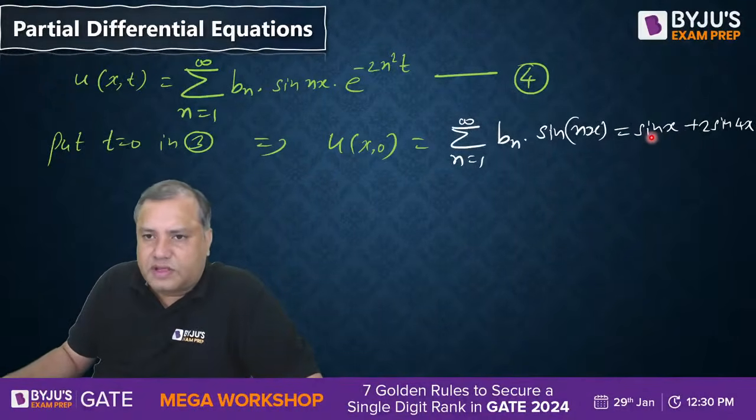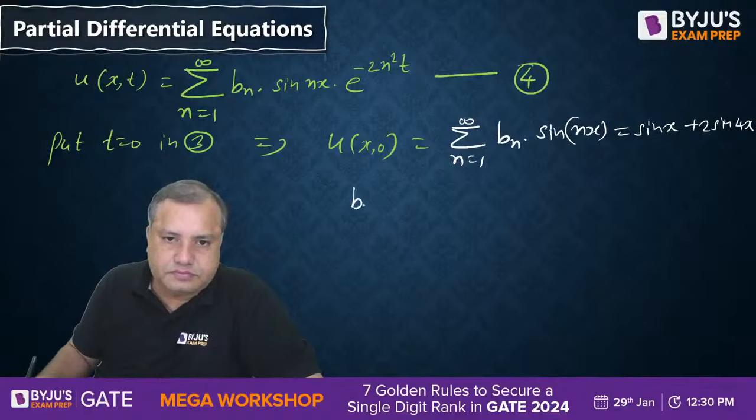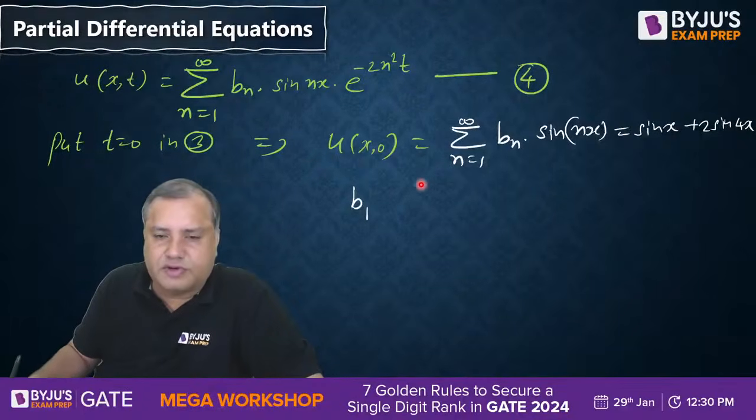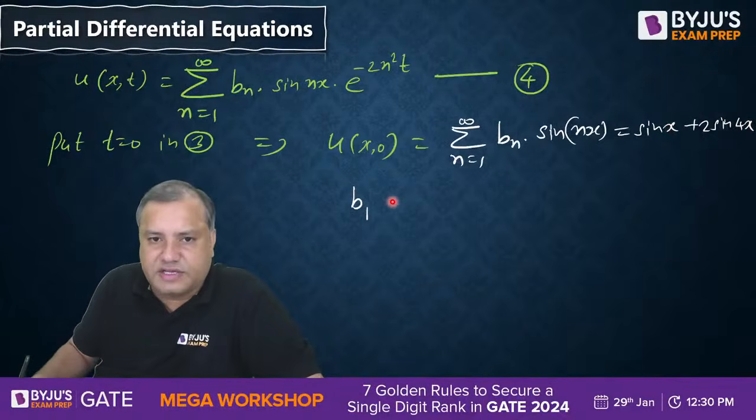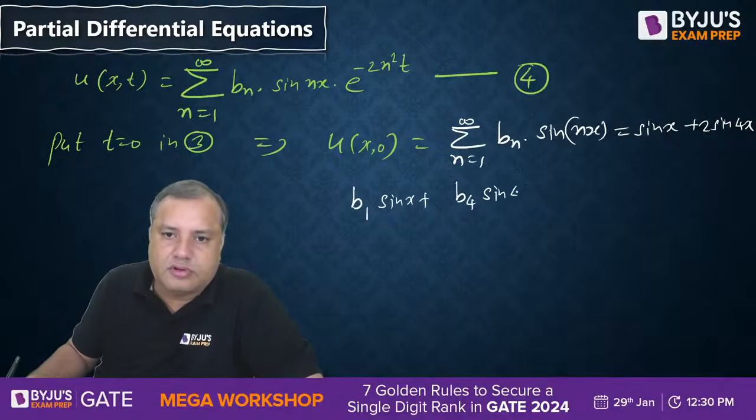Now see here, the right hand side has two terms. It means this left hand side should be split into two terms. So n is equal to 1 and n is equal to 4. So b1 sin x and b4 sin 4x.